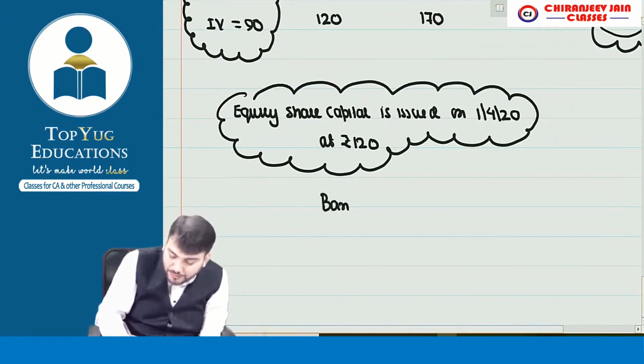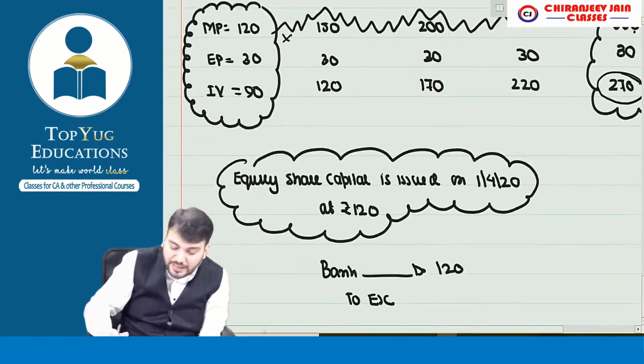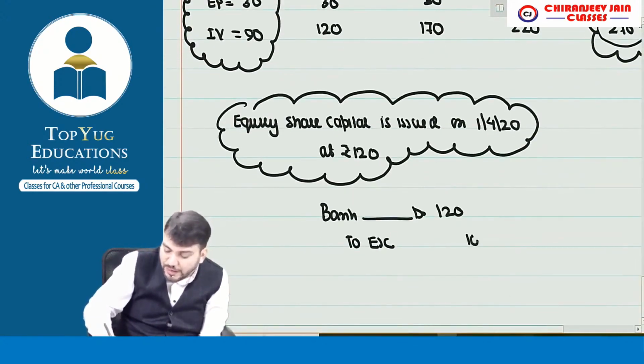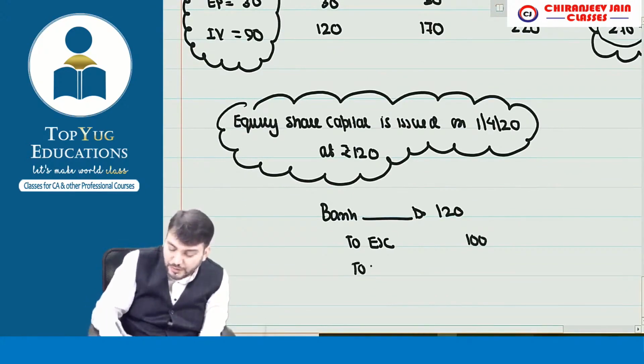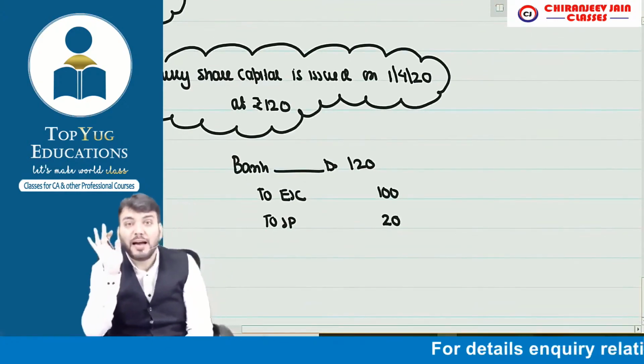Bank account debit 120 to equity share capital. Let us assume 100 face value and securities premium 20. This is the journal entry in the books of the entity.